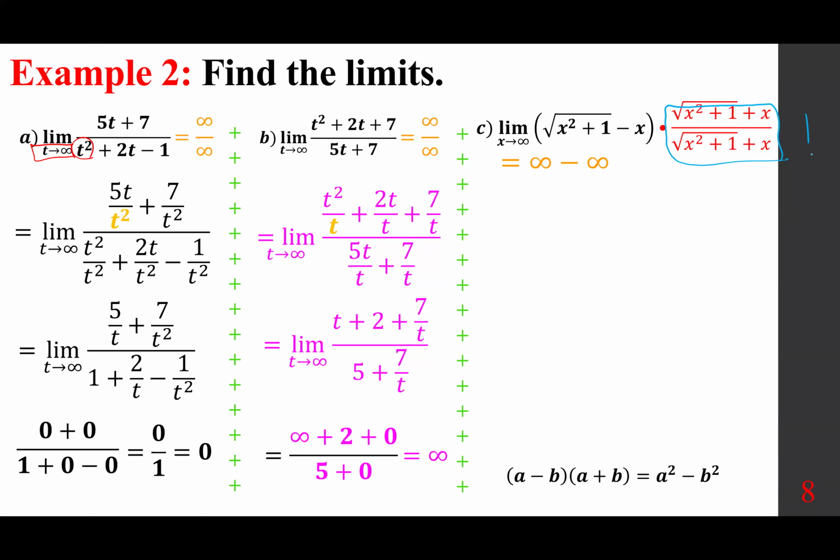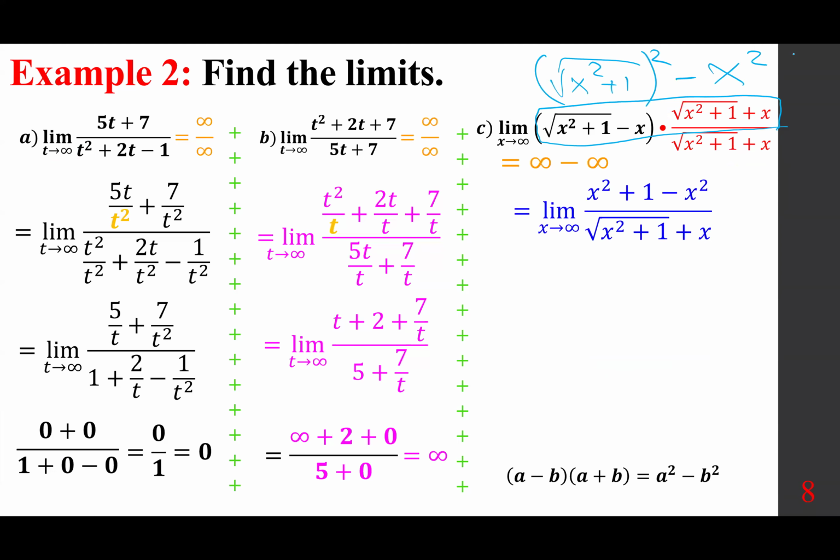So if you look at the numerator, the denominator remains unchanged. The numerator is the product of these two, which is the first piece, that means the square root of x squared plus 1 quantity squared, minus the second piece, that means x squared.